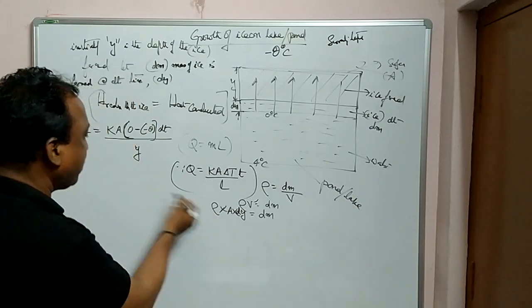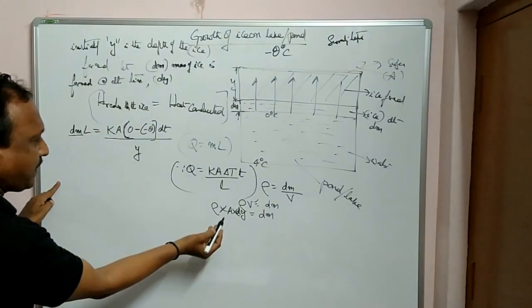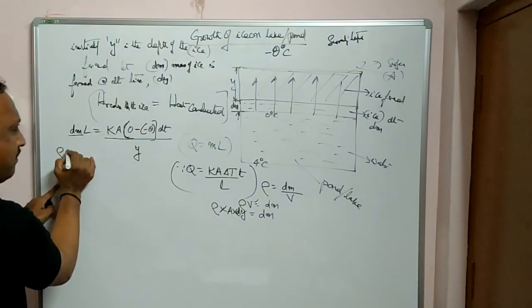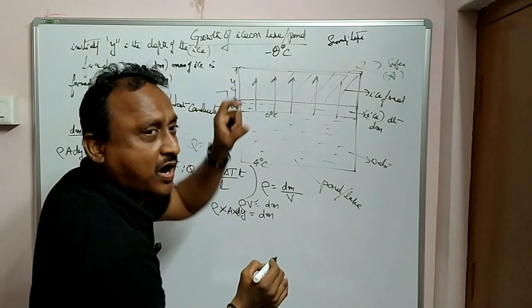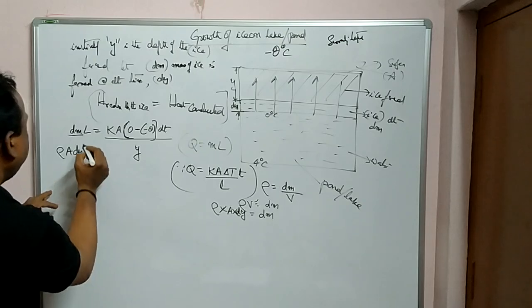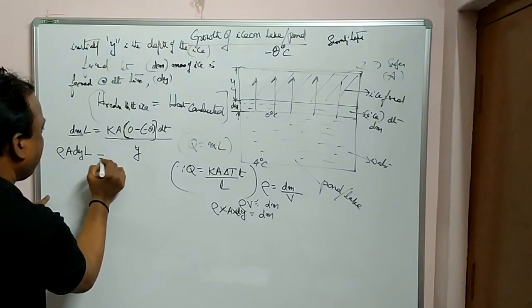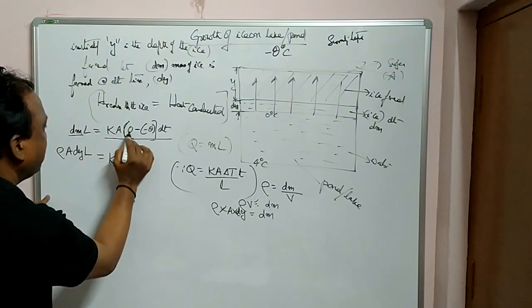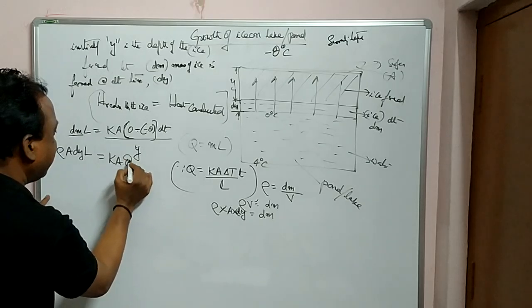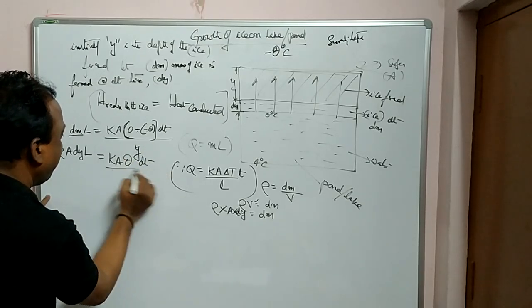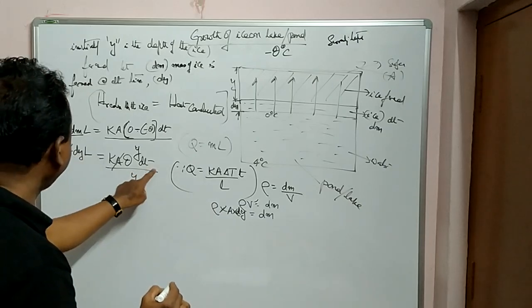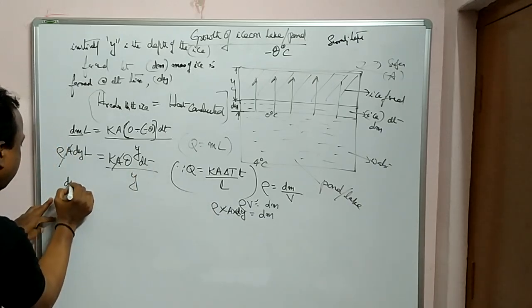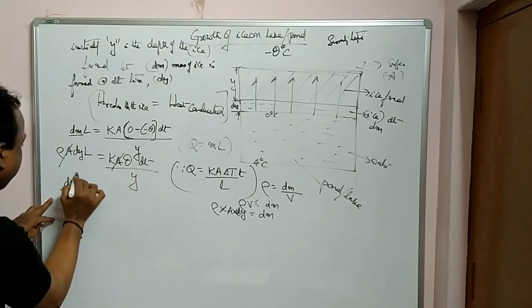So therefore, if you substitute in place of dm, rho A dy, because dy is the length formed during dt time, into capital L is equal to KA into theta dt by y. A cancels. Now from this equation I will take dy by dt.